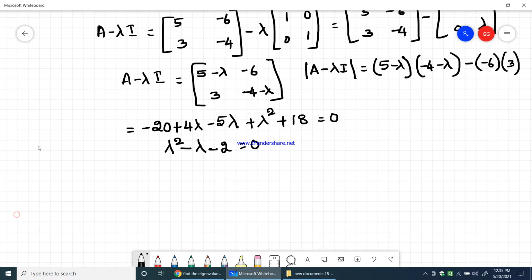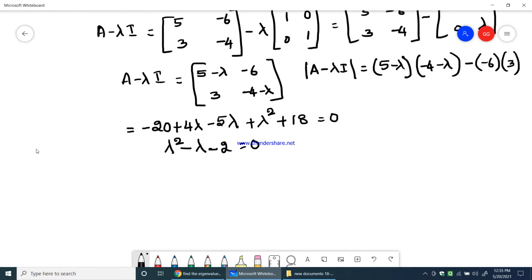Now we need to factorize this and find the solution for lambda. The factors of 2 are 2 into 1, whereas minus 2 plus 1 is equal to minus 1. Therefore I can write this as lambda square minus 2 lambda plus lambda minus 2 equals 0.